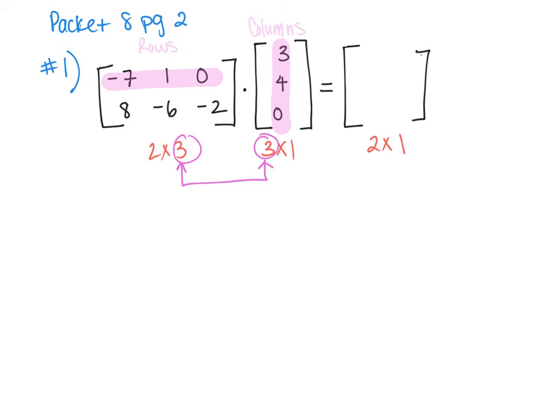So -7 times 3 gives me -21. Add that to 1 times 4 is 4, plus 0 times 0 is 0. And so if I were to add these numbers up, let's just write a new matrix here. -21 plus 4 plus 0 is -17, I think.